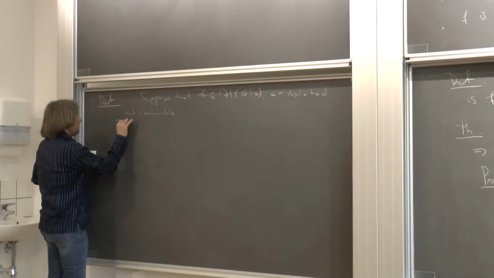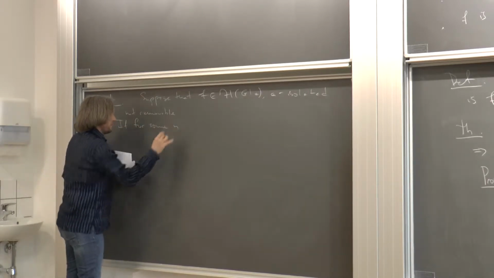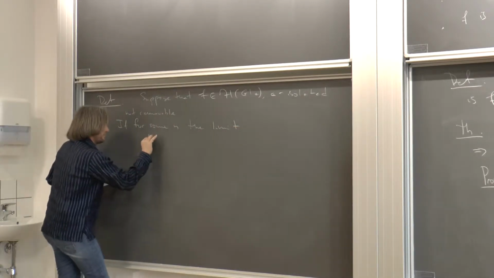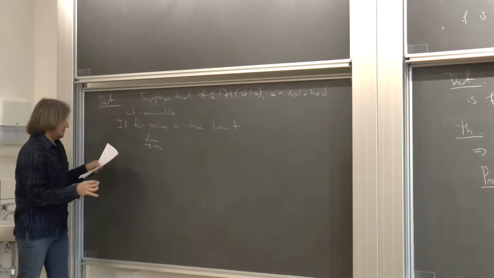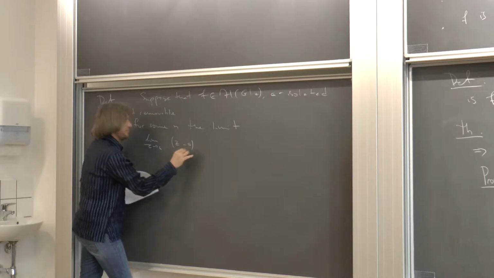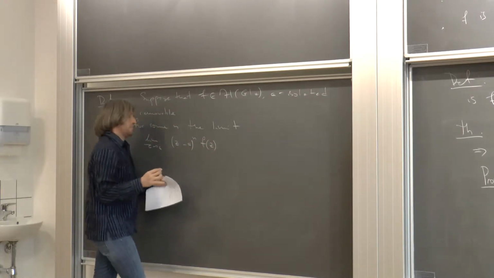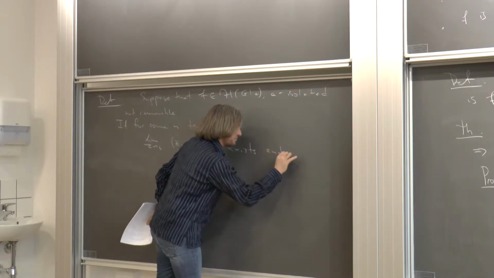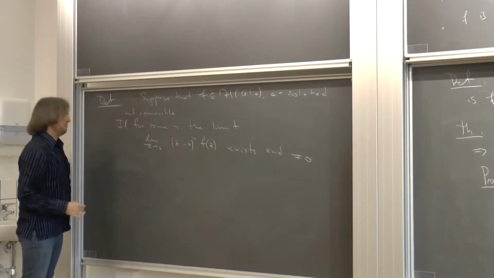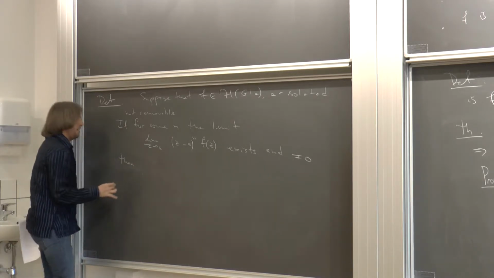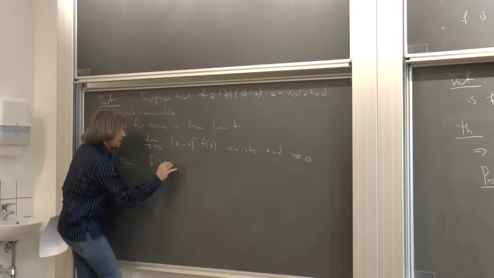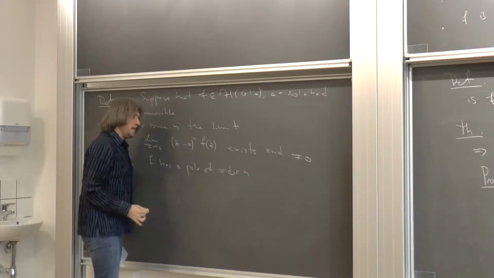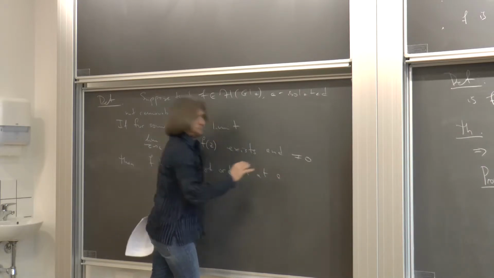Namely, if for some n the limit of (z minus a) to the n times f of z exists and is not zero, then f has a pole of order n, or degree n, at a.